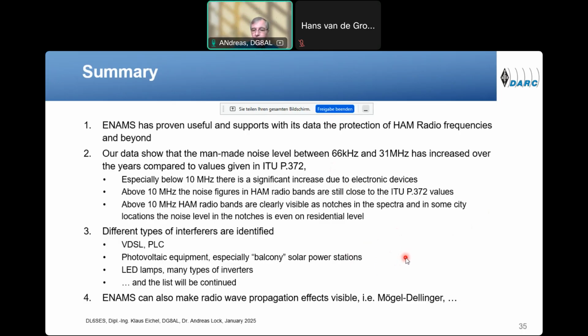We have installed nearly 1 million of these devices, and they will increase the noise level significantly in the next years. Then LED lamps and other types of inverters, and I think the list will continue as we deploy more and more devices. Also, ENAMS can make radio wave propagation effects visible, like the Mögel-Dellinger effect and other things.